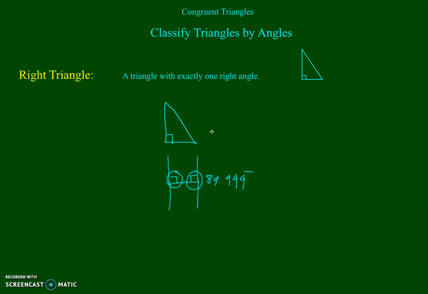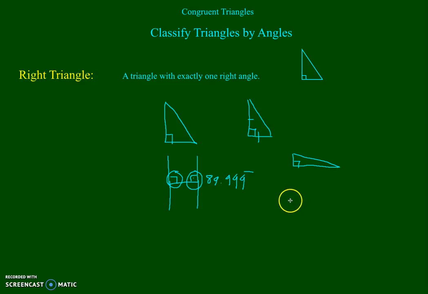Now, before we move on, I want to cover something that we talked about earlier, and that is the fact that even though a triangle is a right triangle, it can also be classified by its sides in different ways. So, for example, you could have an isosceles right triangle where this side and this side are congruent, or you could have a scalene right triangle in which all three sides are different.